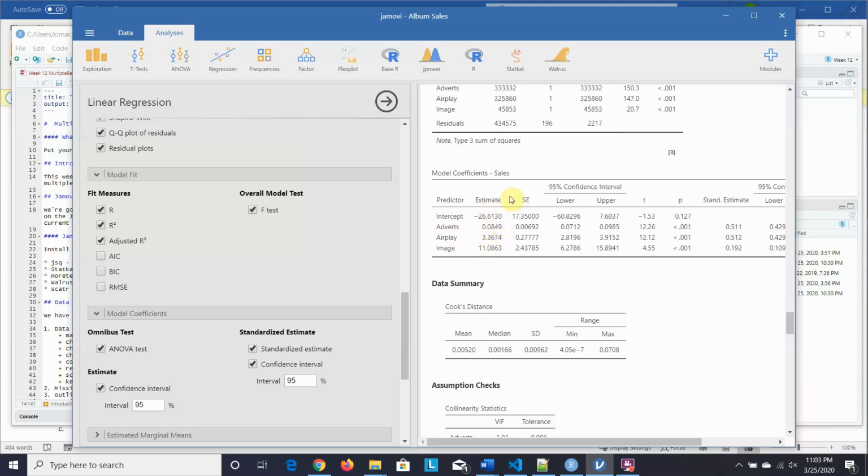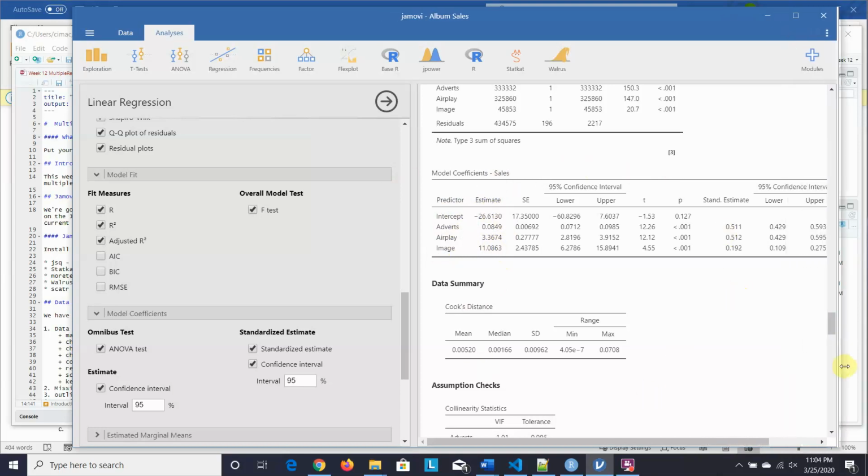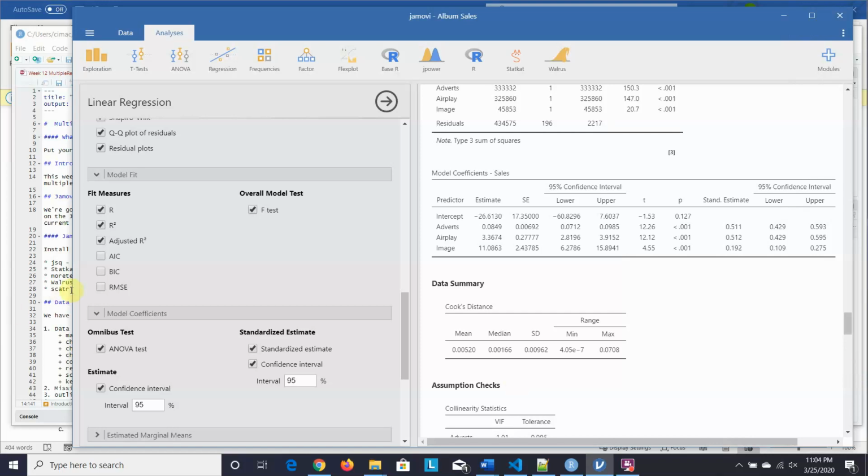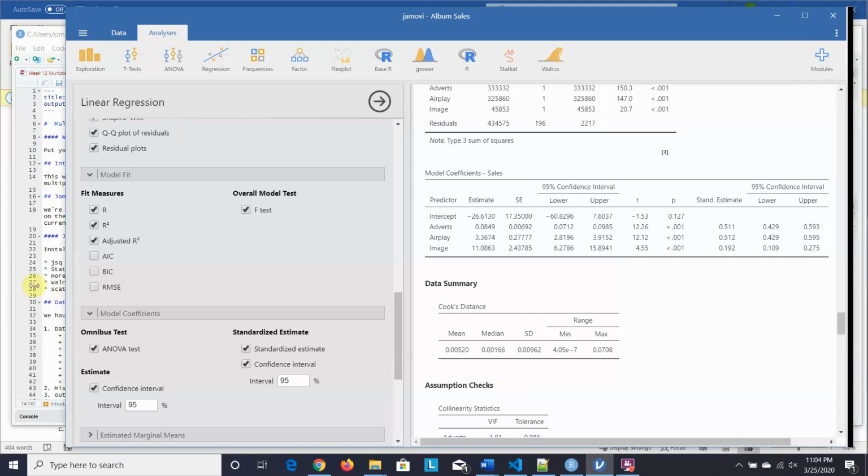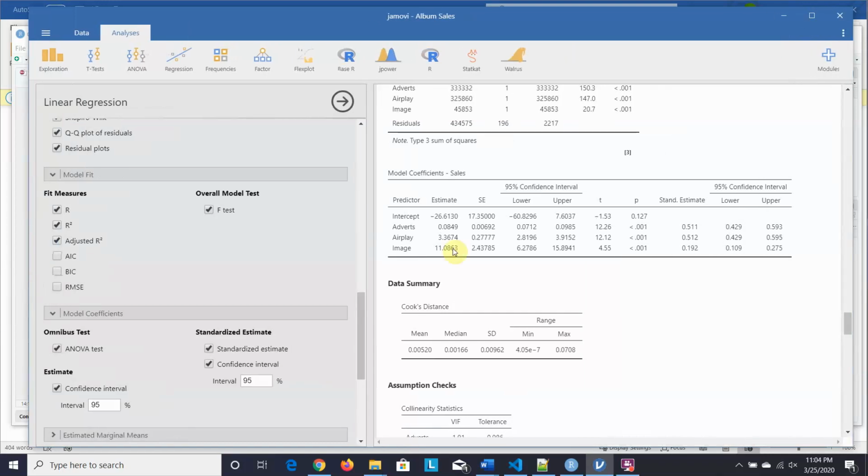So on our parts of the model, the first part of that is our unstandardized coefficients, and that really gives us our prediction equation. The other part of that is our standardized coefficients. So the thing about standardizing, and the thing that's neat about it, is it takes the units away.